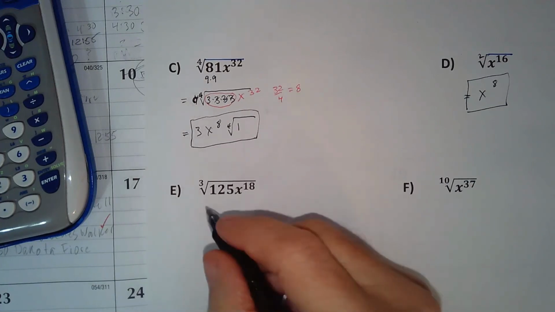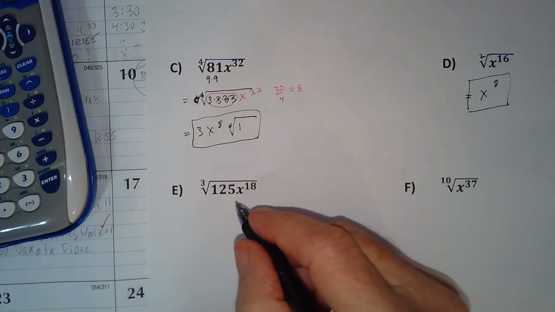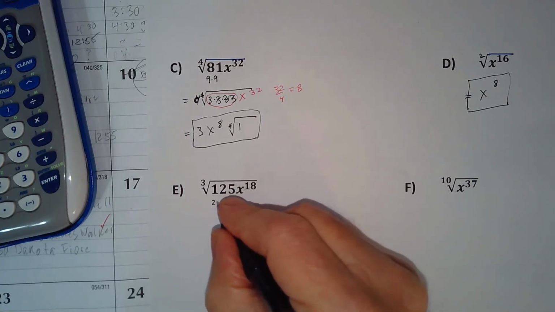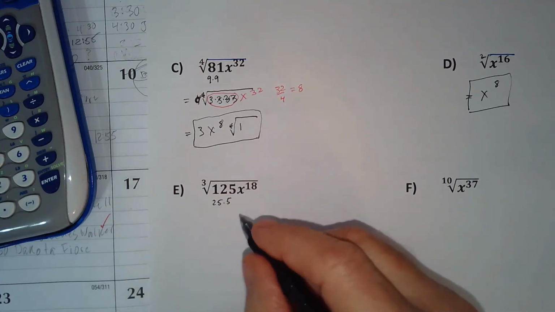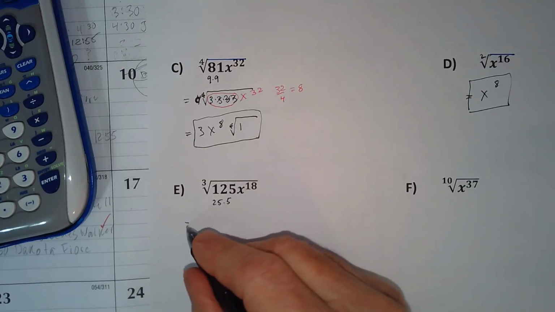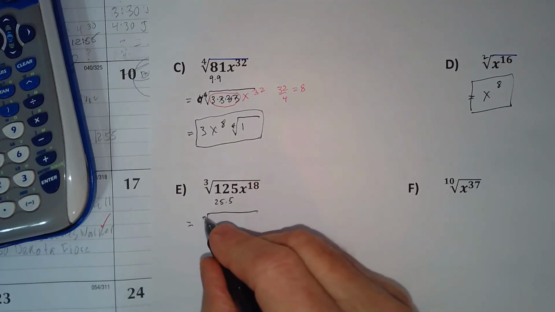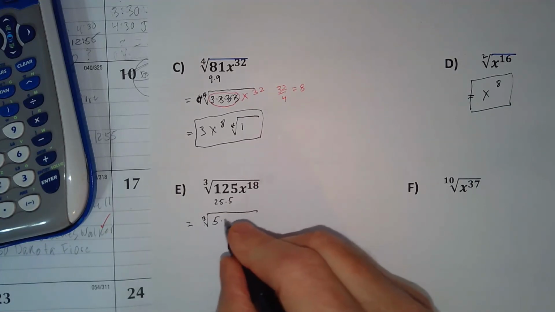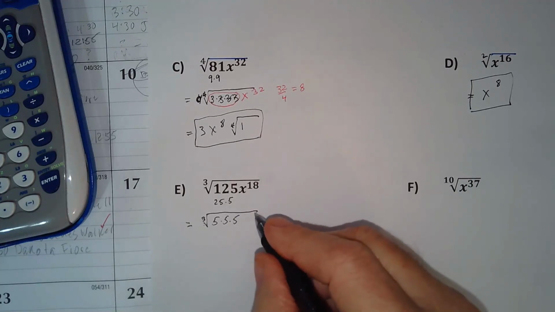All right, so this one's a cube root, and we're going to have to factor 125. Well, we know that's 25 times 5, and then 25 is 5 times 5. So we can redo this one as the cube root of 5 times 5 times 5, right? And then we have x to the 18th.